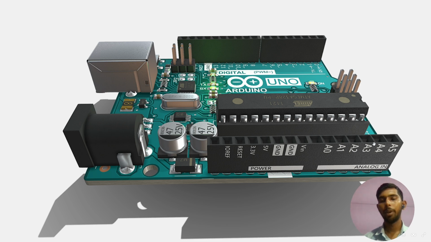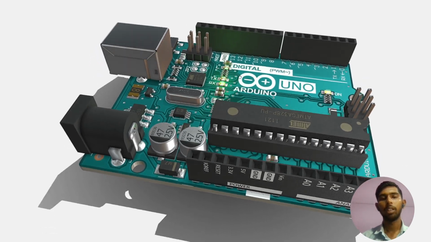The thermometer measures the temperature of the water in the geyser and gives the data through the analog pins. The microcontroller processes the data and passes it to the digital pins, and the digital pin will power off the geyser. This is how a microcontroller works.